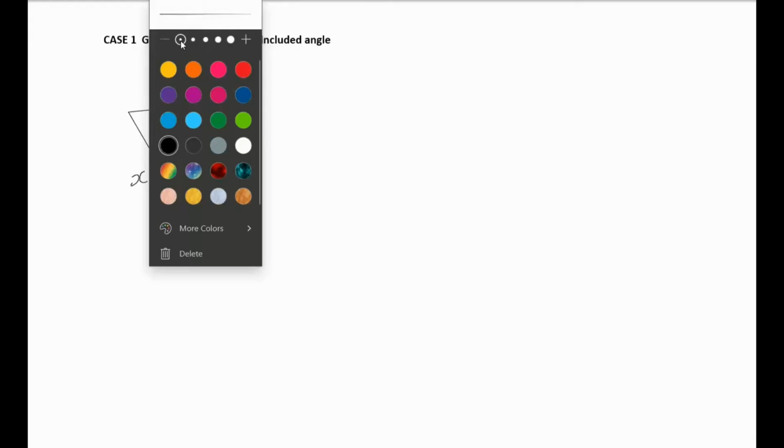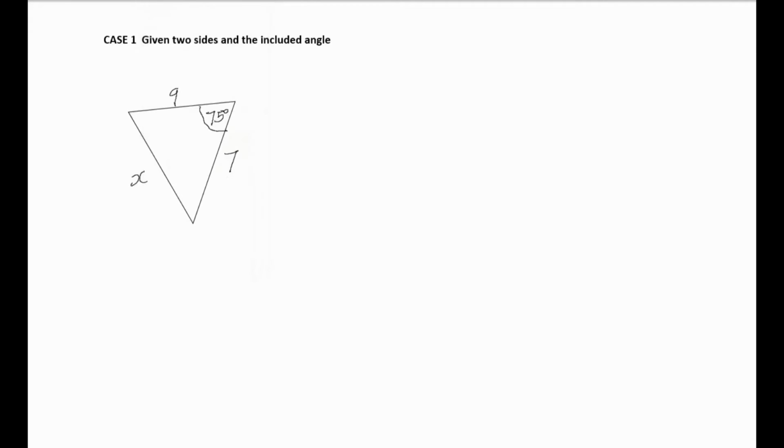In this case now, we are given two sides, that's 9 and 7 units, and the included angle, which is 75. The included angle is the angle which those two sides make up. And we need to find side x.